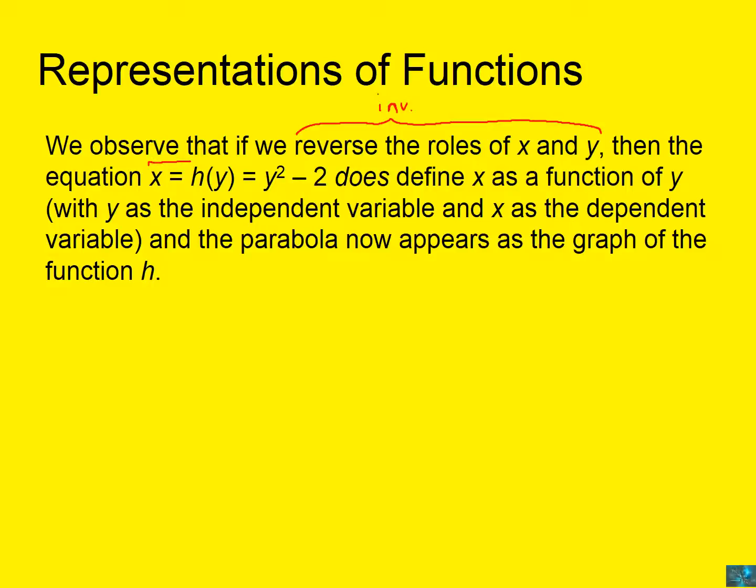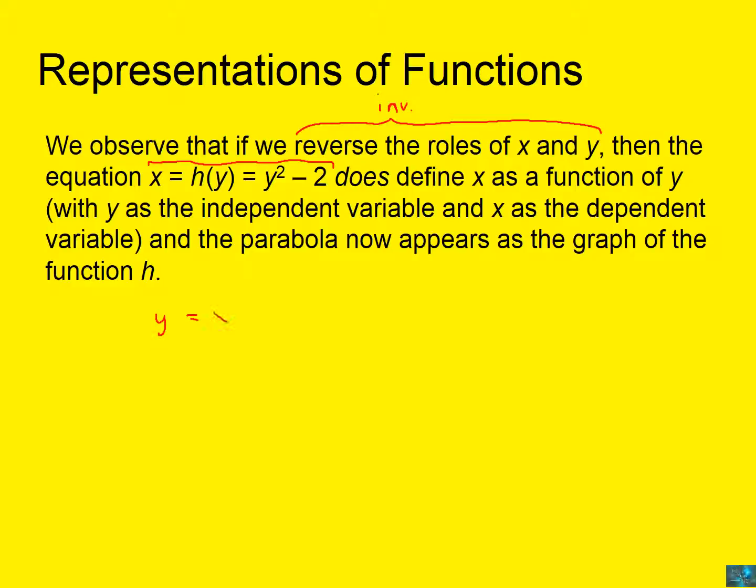That is after the reverse, not in this sense. In this one here, which is the one we've already seen, the sideways parabola, y is the independent variable and x is the dependent variable. But if we switch it, then x is the independent variable, y is the dependent variable, and the parabola would now appear as the graph of a function h, right?